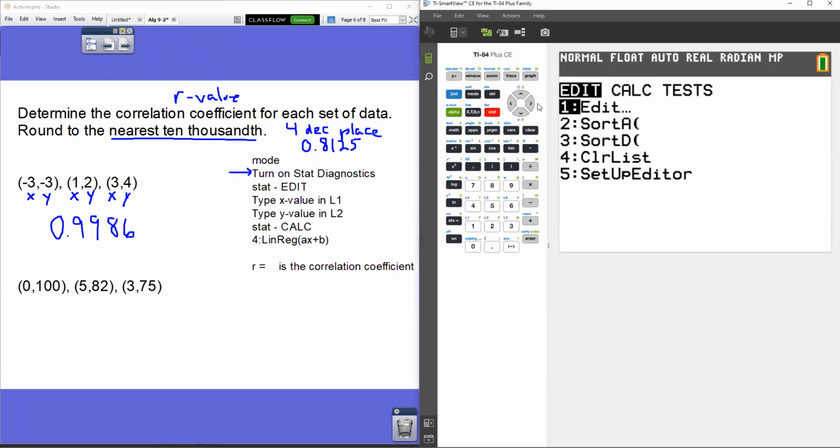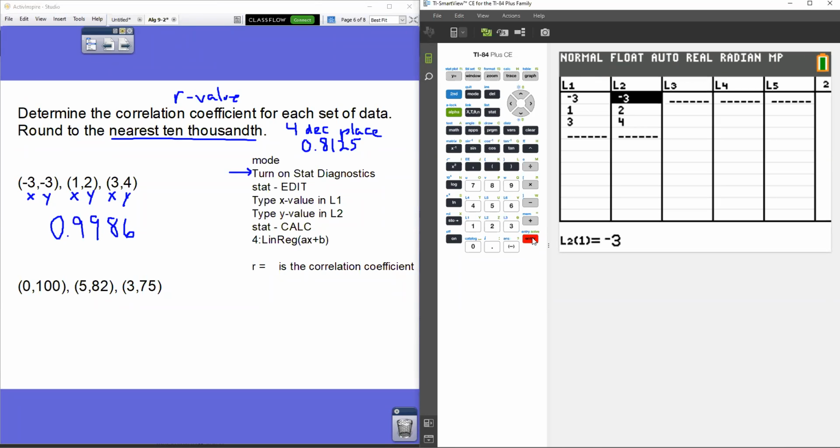Let's try another one. So let's try that one below it. Let's clear out what we have here. So for this one, we have X values of 0, 5, and 3. And then for my L2 values, I have 100, 82, and 75.